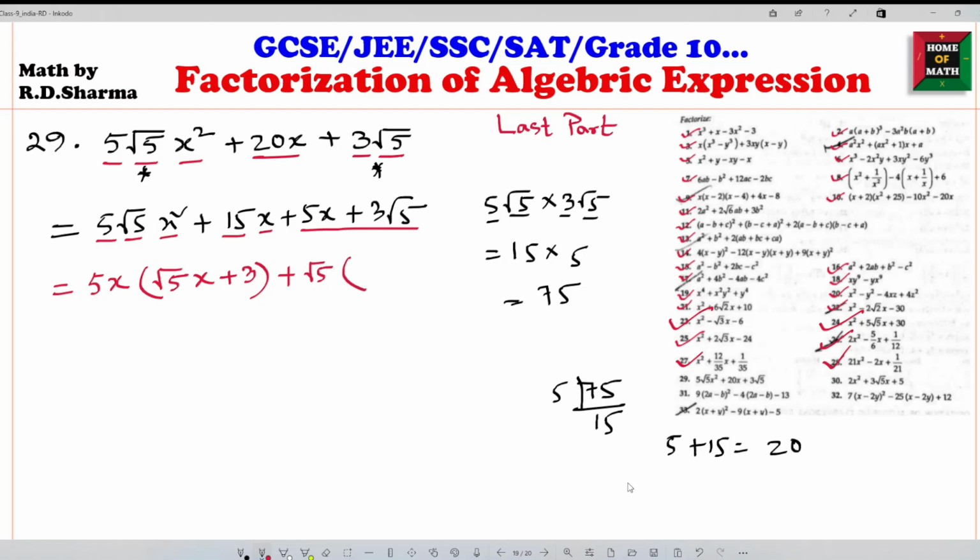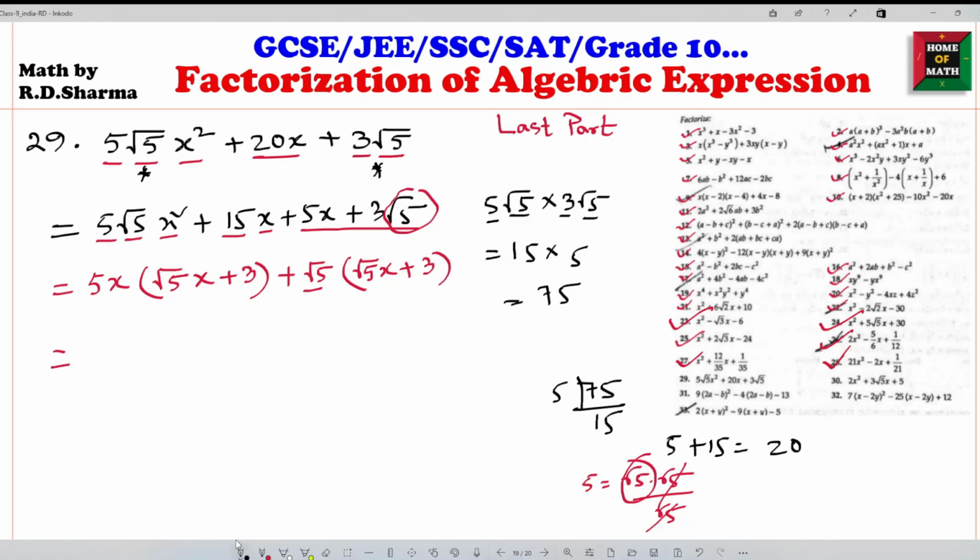So look, 5 means root 5 times root 5. Once we divide by root 5, only root 5 will remain. So here is root 5, and here is x plus, and root 5 divided by root 5 leaves only 3.